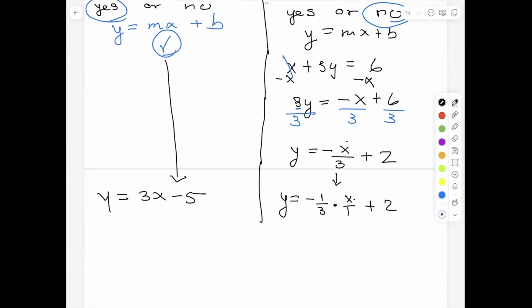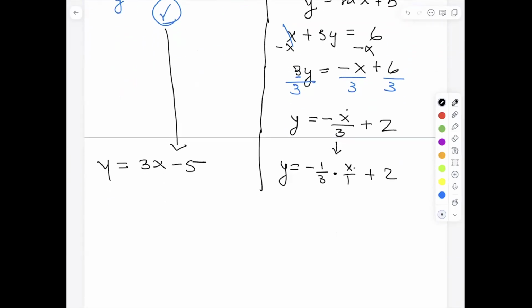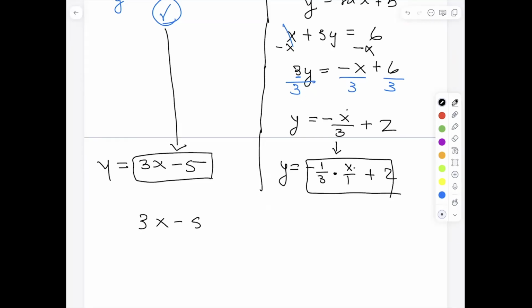So now, how do I do this? Well, I need to make these two lines equal to each other. So that's exactly what I'm going to do. 3x minus 5 is equal to negative 1/3 x plus 2.